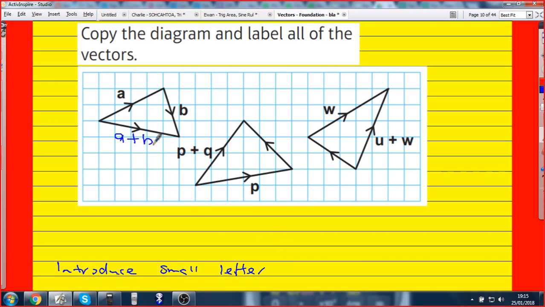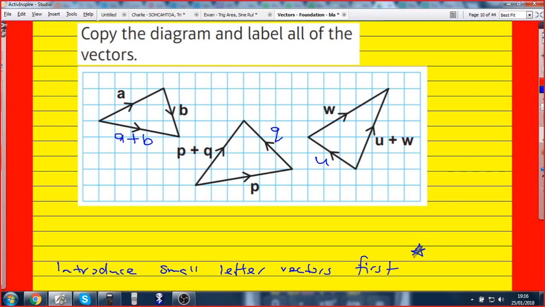Yeah, so we could just call that A plus B. This one is P, this one is something. The resultant is P plus Q. So what is the name of this side? Q. Yeah. And how about the last one? U. That's it. Any questions there?